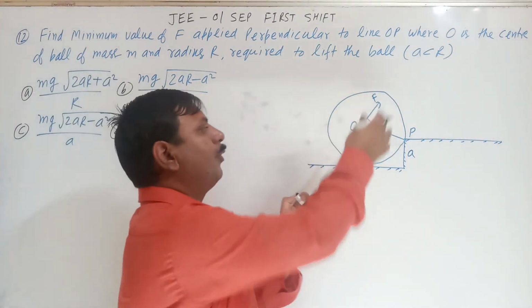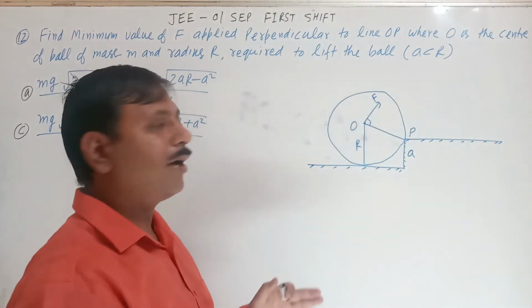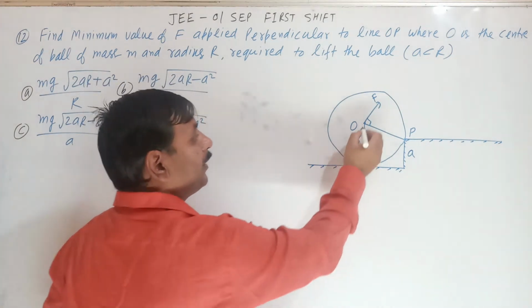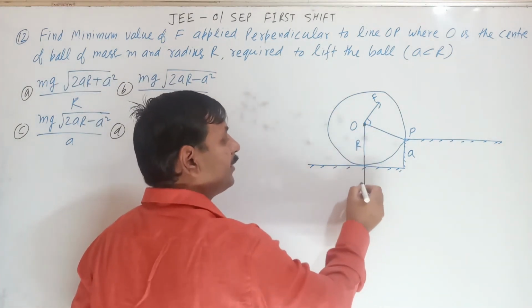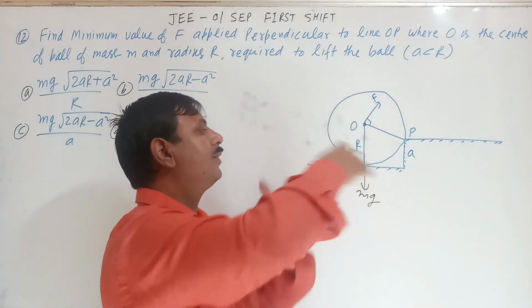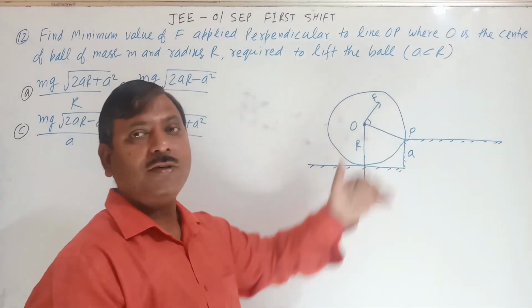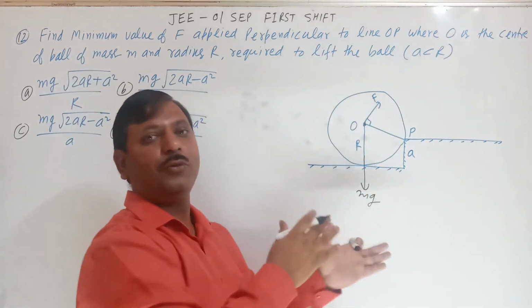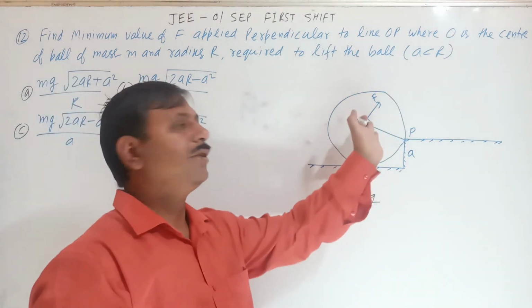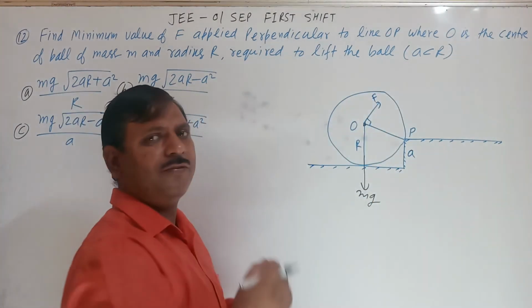If you are to lift the ball by F, then you can see here torque produced by F is equal to what? Weight will act downward, mg. So this will give anti-clockwise torque by mg, and clockwise torque by force F. When clockwise torque will increase, it will lift.